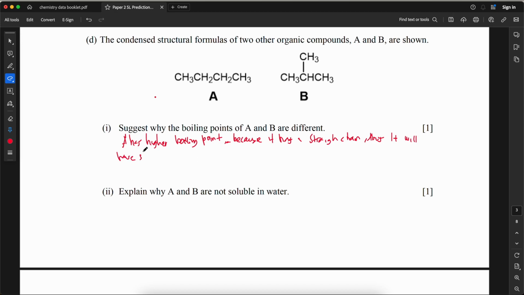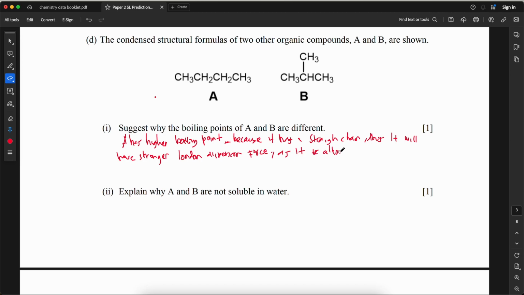stronger London dispersion force, as it allows them to pack more tightly together.